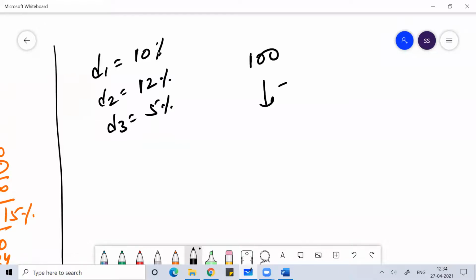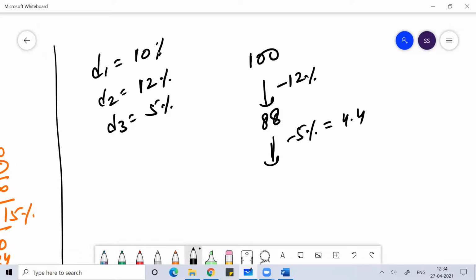Suppose there's a shirt of 100 rupees. On that you get 12% discount. It becomes 88 rupees. On this you get 5% discount. 5% discount on 88: 10% is 8.8, 5% will be 4.4.